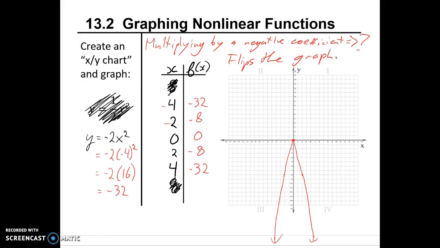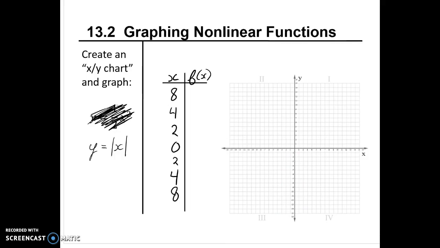Now we have one more that I would like to try here, and that's y is equal to the absolute value of x. So for this one, if I sub in 8, then it's going to be 8. And if I sub in -8, oops, this is an absolute value, Mr. Reed, negative, it's also going to be 8.